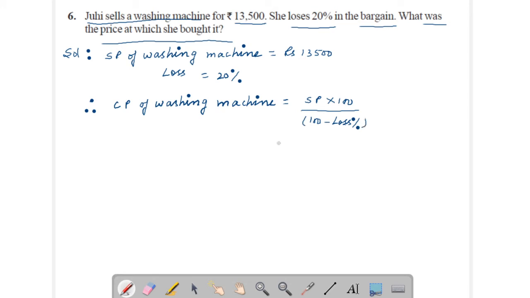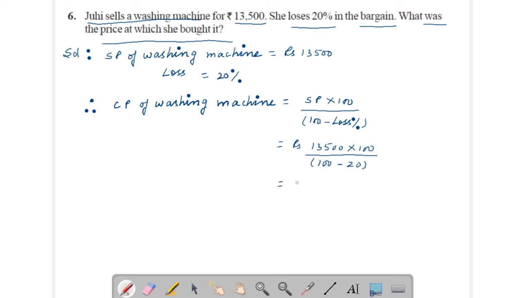Put the values, you will get rupees SP is 13,500 into 100 upon 100 minus loss percent, that is 20.